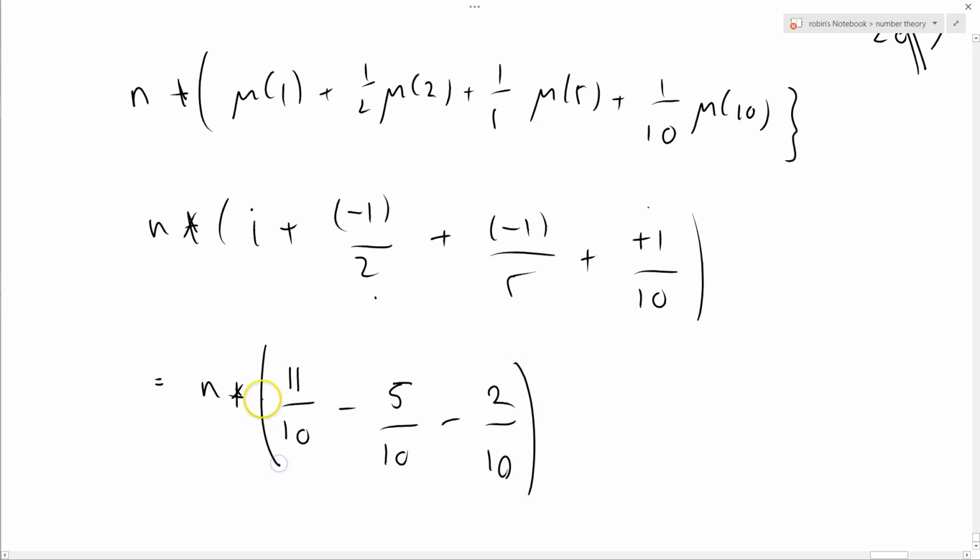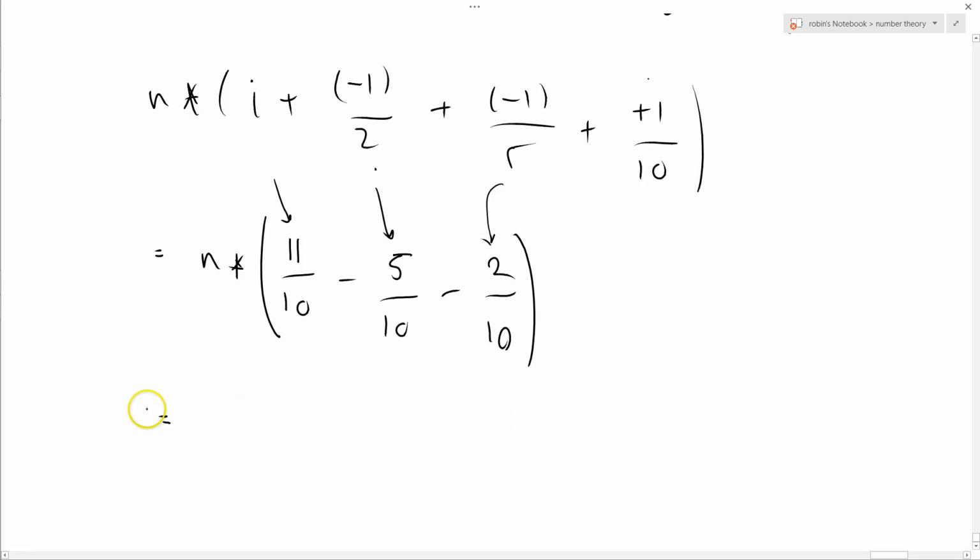What's gone wrong here? We've got 11 there, minus a half, minus a fifth. So altogether we've got 7 tenths. Oh, that's right, that's right. Equals 20 times 11 minus 5 is 6, minus 2 again is 4 over 10, equals 8.